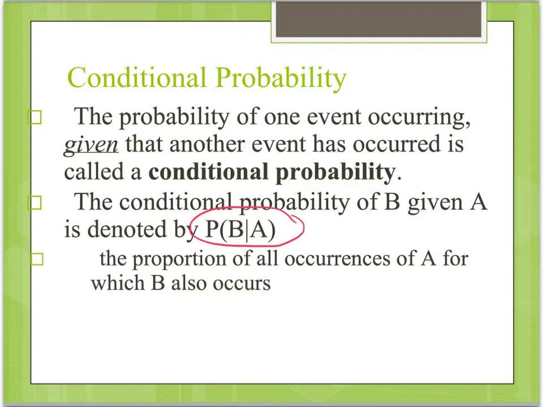So you're looking at the proportion of occurrences of A for which B also occurs. Often that will be the number of occurrences of B divided by the number of occurrences of A. We'll look at different formulas for figuring this out.